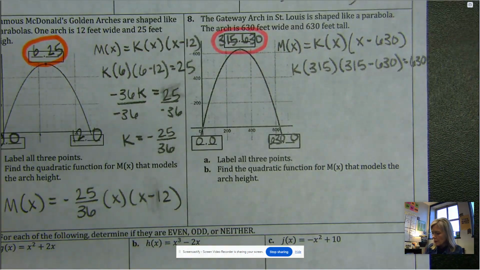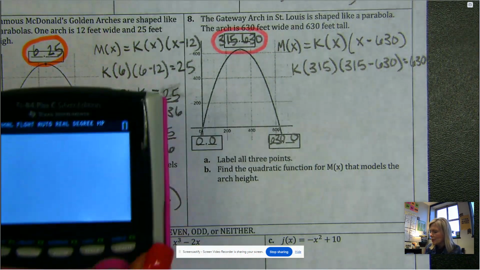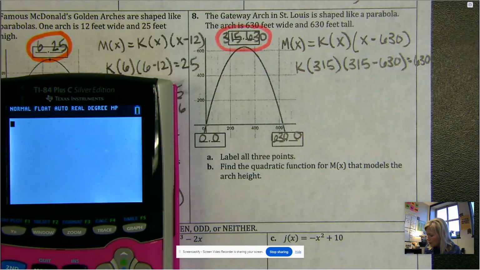All right, and so I kind of remember that answer, but I'm just going to double check. 315 times 315 minus 630 is, yes, negative 99,000. What? I did 631. Let's try it again. 315 times 315 minus 630.